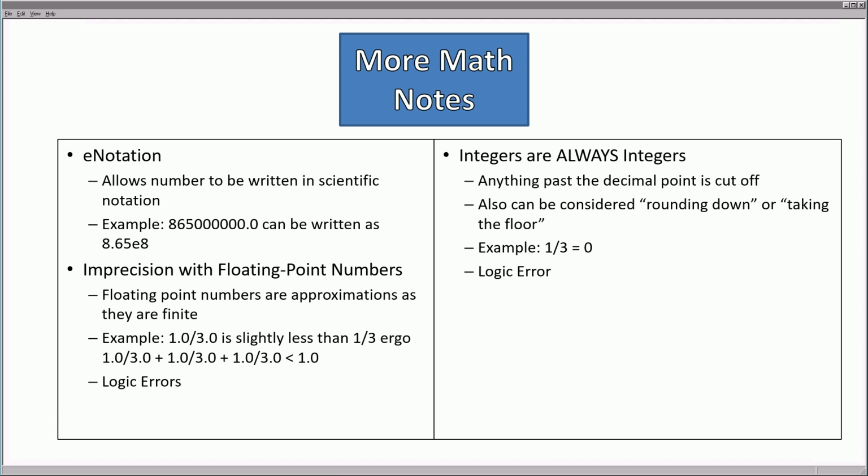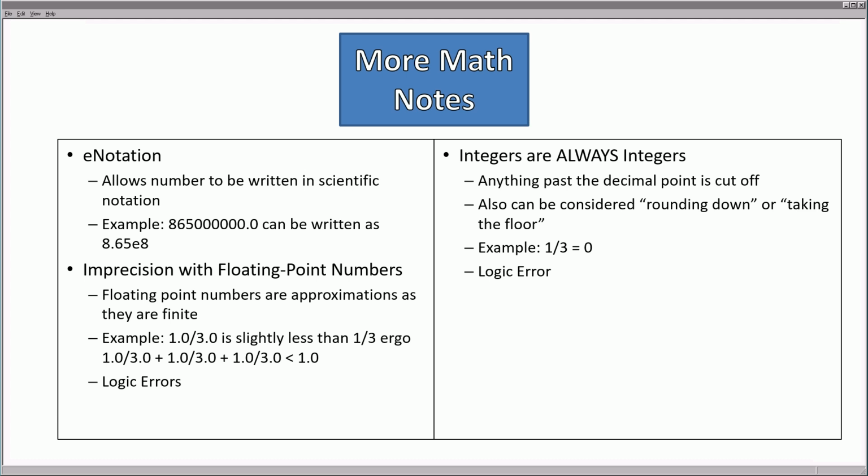So if we were to do this calculation, it's slightly less than the actual value of 1/3, as it's just an approximation. This also means if we were to add 1/3 plus 1/3 plus 1/3, it may be less than 1. These types of round-off errors can cause severe logic problems in software, so do keep in mind that floating point numbers are not perfect.